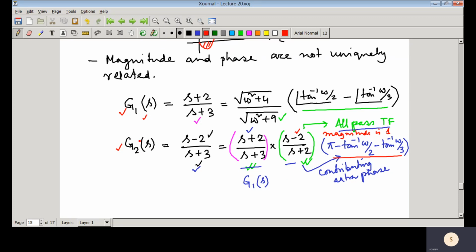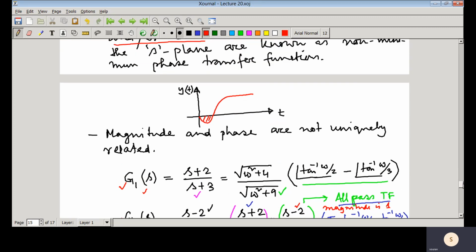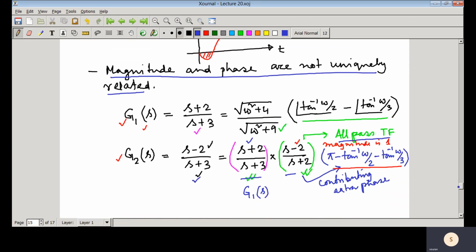So that's why the G1 transfer function is a minimum phase system, but G2 of S is not a minimum phase system, it is called a non-minimum phase system. So that's why the name is non-minimum phase system. In case of a non-minimum phase system, magnitude and phase are not uniquely related, because you can also add some more all-pass terms to G2 of S, and you can see that the magnitude remains the same, but the phase would be different.